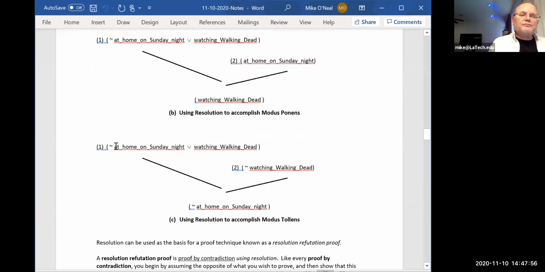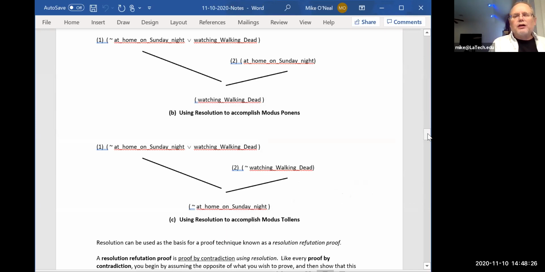Or if you're given the same if statement, not at home on Sunday night or watching Walking Dead, and the negated conclusion, not watching Walking Dead, you can merge these two because they share a term in common that's negated in one and not in the other. Those cancel, and we're left with not at home on Sunday night. Questions?